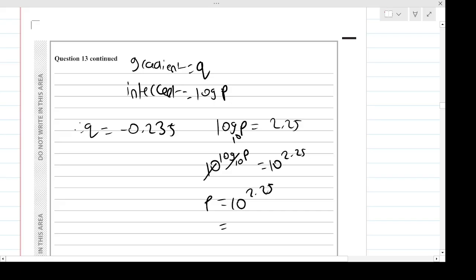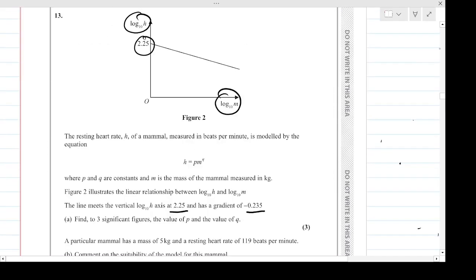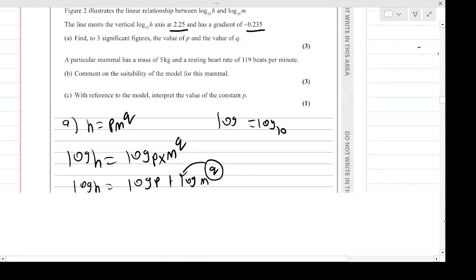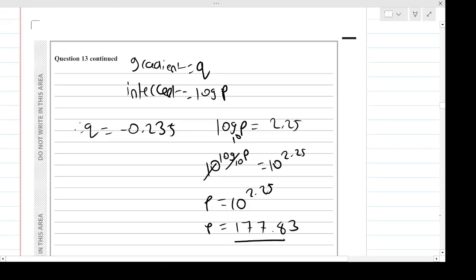And so if I put that in a calculator, I get p is 177.83. What's my rounding going to? 3 significant figures. Okay, so that would be 178 to 3 SF.